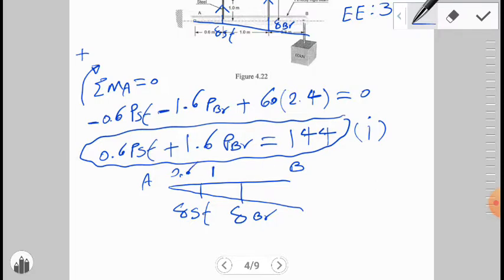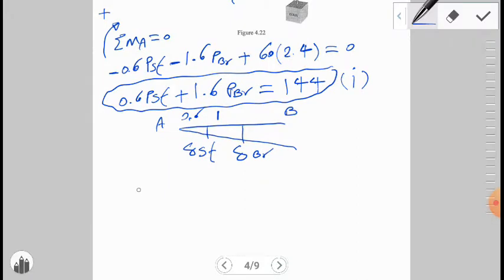Based on the triangle similarity rule, we can write delta bronze, the deformation in the bronze, divided by this length, 1.6, is equal to delta steel divided by 0.6.